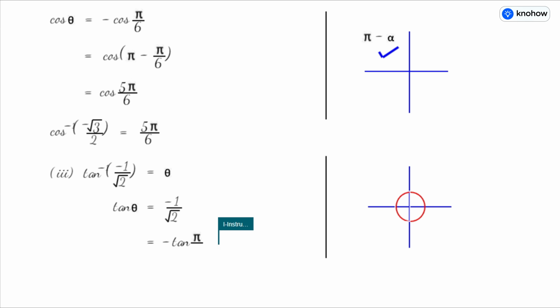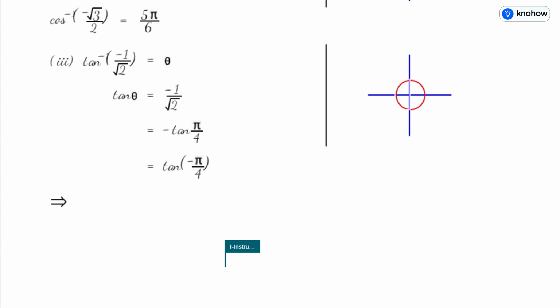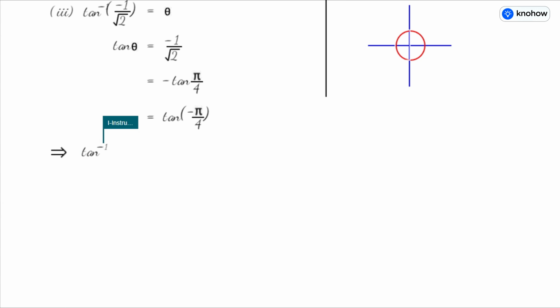Or in the fourth quadrant, how do you take it? Tan of minus pi by 4. You know tan of minus theta is minus tan theta. So finally, what do you conclude? The value of tan inverse minus 1 by root 2 is minus pi by 4.